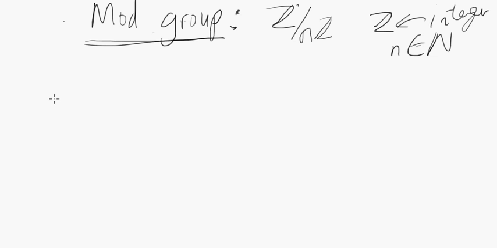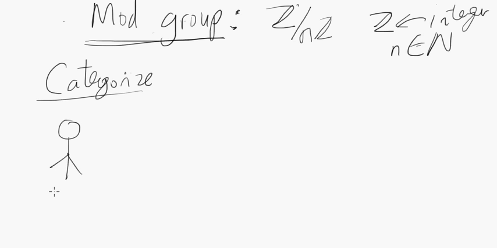Maybe to think about it a little bit, we're used to categorizing things all the time in the real world. For example, you could divide the set of all people into those who are tall and those who are short.